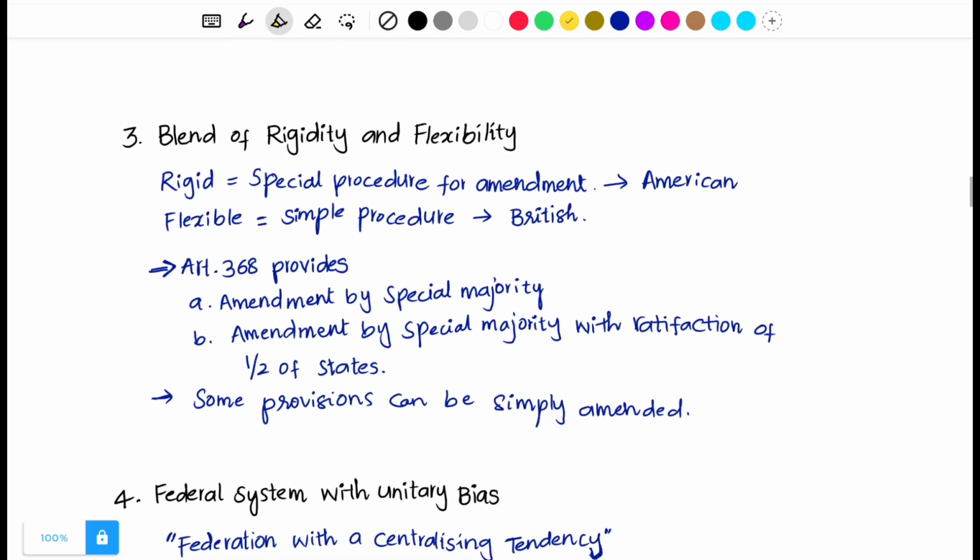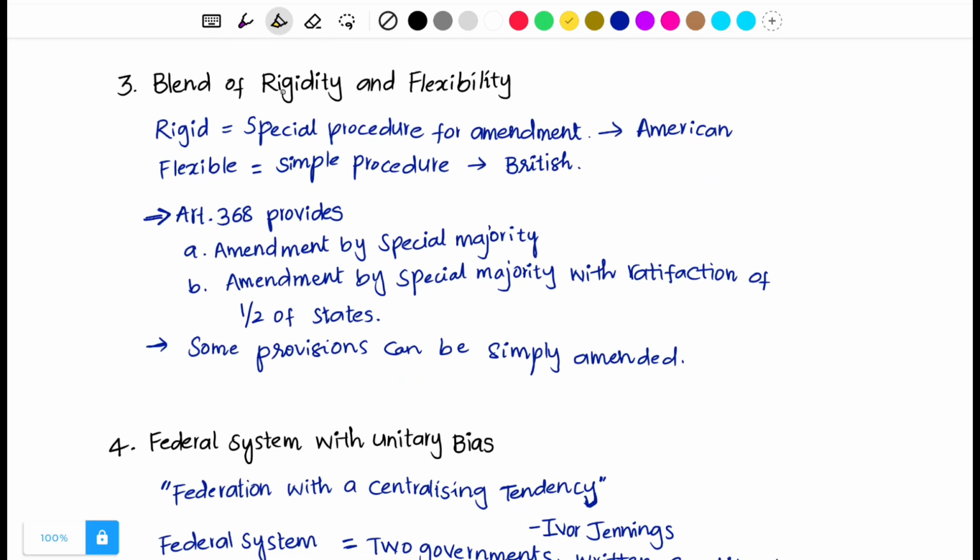Now let us go to the third salient feature, the blend of rigidity and flexibility. The constitutions are often classified as rigid and flexible constitutions, but India has a blend of it. Let's deeply look into the terms rigidity and flexibility. Something rigid is that which cannot be easily amended.